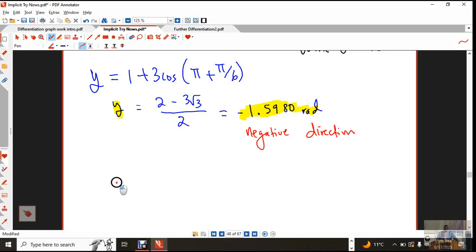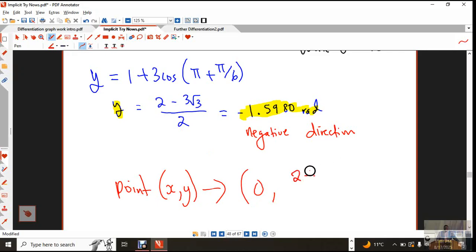Okay, so the point that we are going to consider, for x and for y, will be 0, comma, because the x value is 0, remember, and then the corresponding y point will be 2 plus 3 root 3 over 2. Right, now we have our point.